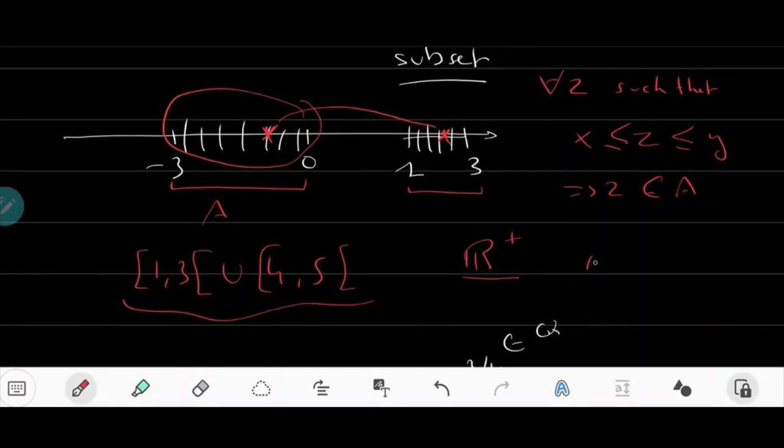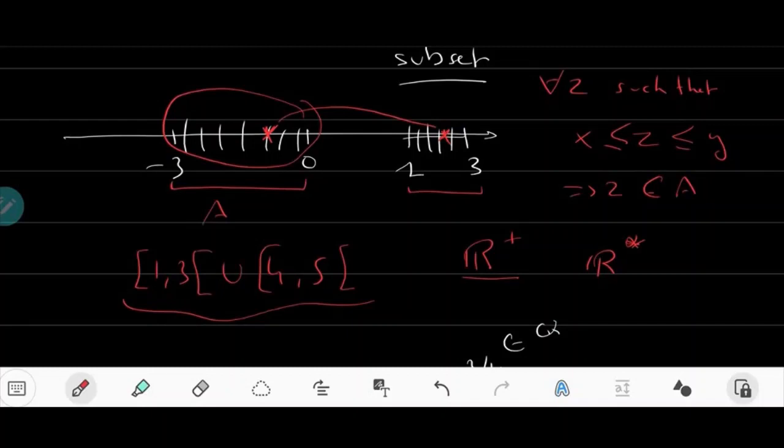But R star, that is equal to all the real numbers except 0, is not an interval because if you take two numbers, if they are positive, any number between them is in R star, it's fine. If they are negative, any number between two negative numbers is in R star. But if you take one positive and one negative number, not any number between them is in R star. 0, it's the case of 0.